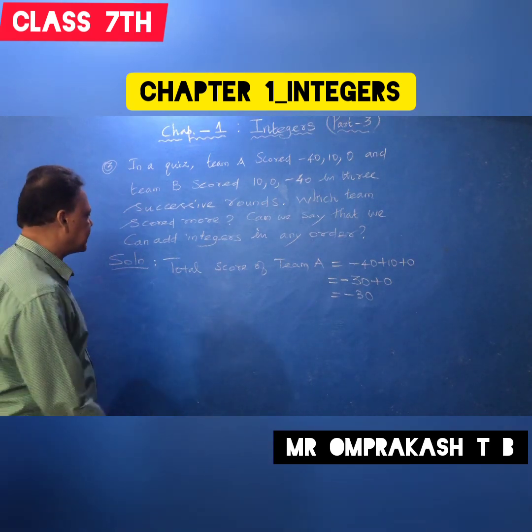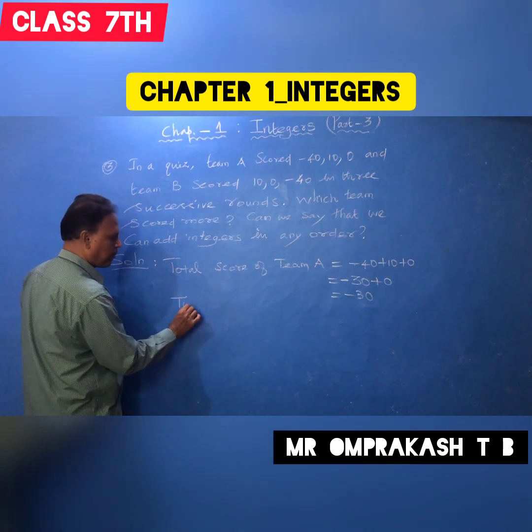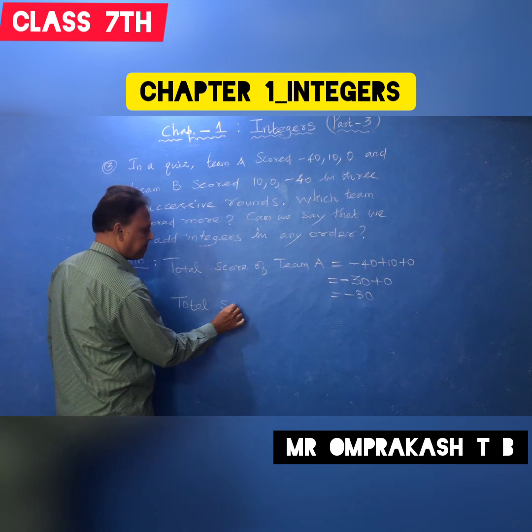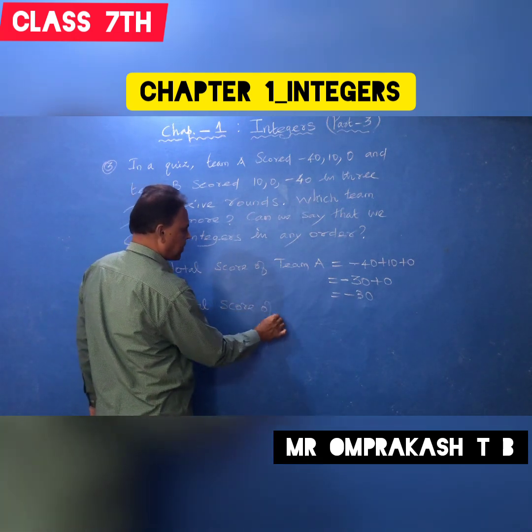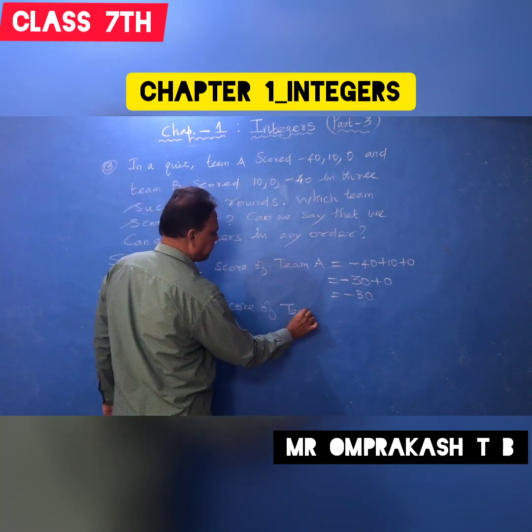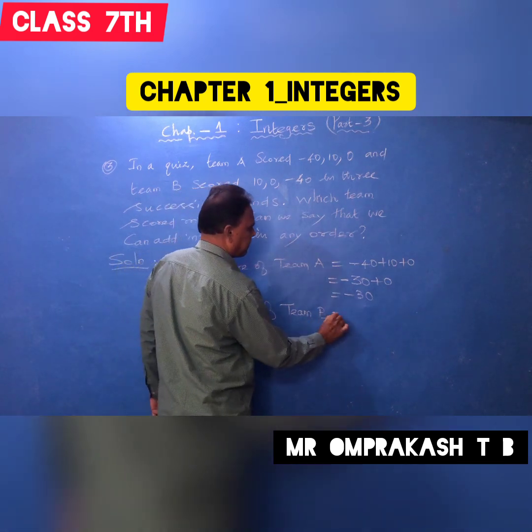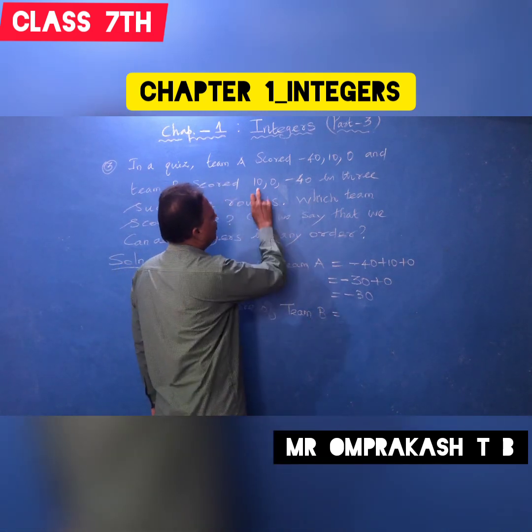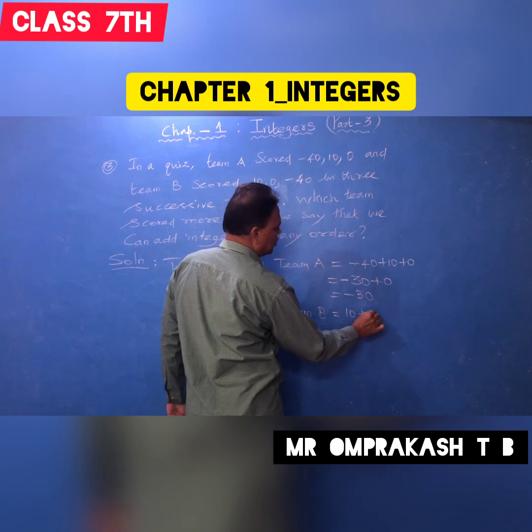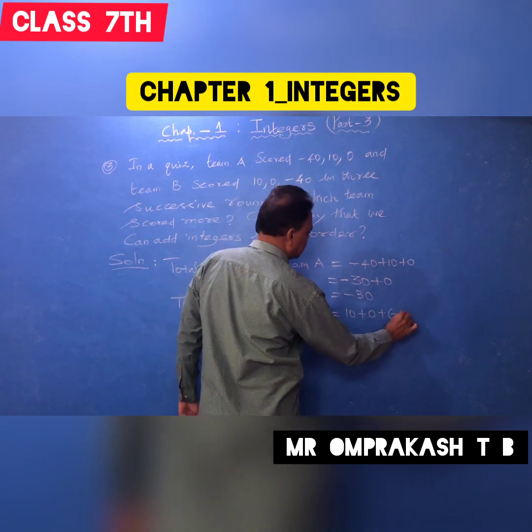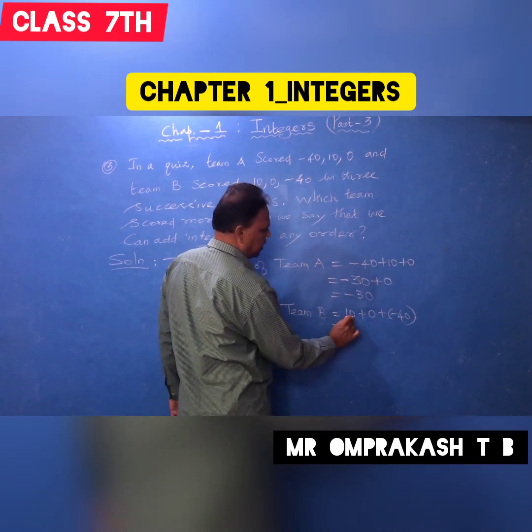Clear? Next, total score of team B. Team B scored 10 plus 0 plus minus 40.